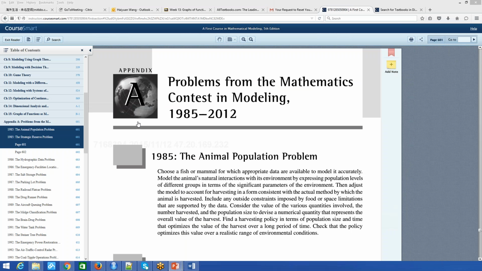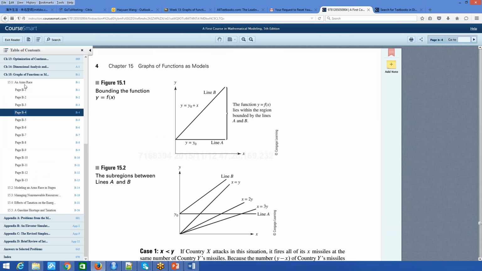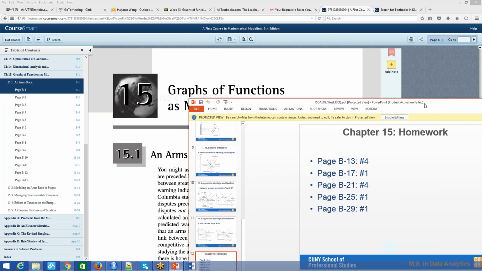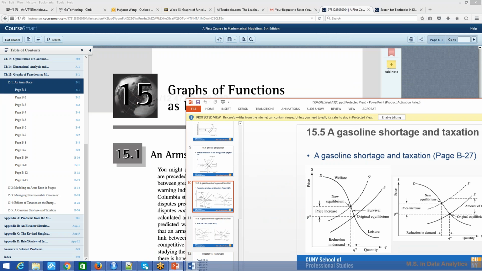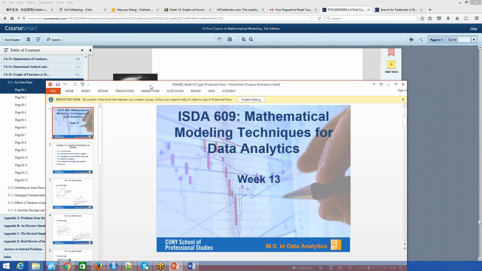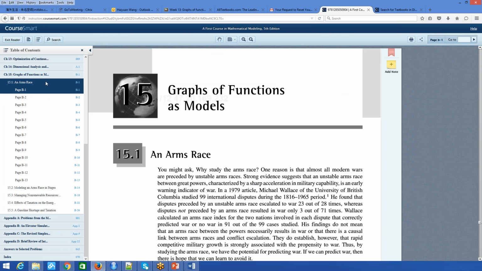So let's say graphical functions. Oh, it's really here. Maybe the textbook changed or what? Here, see chapter 15. Chapter 15 is supposed to be graphs of functions as models, which is this chapter 15 that we saw here.